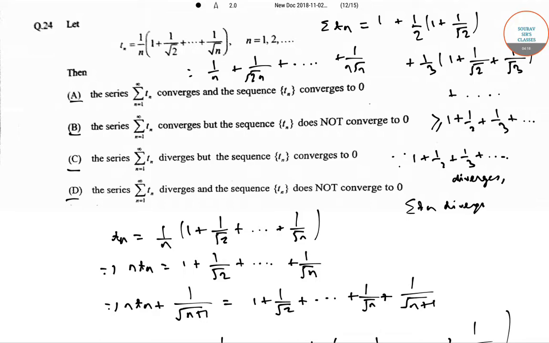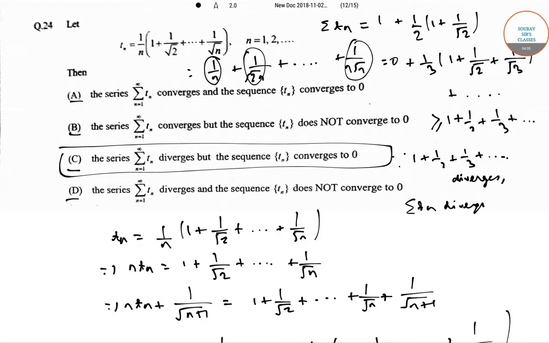Now when n tends to infinity, all these terms become 0. So this sequence converges to 0. Therefore the correct option is option C, that is the series summation Tn diverges but the sequence Tn converges to 0.